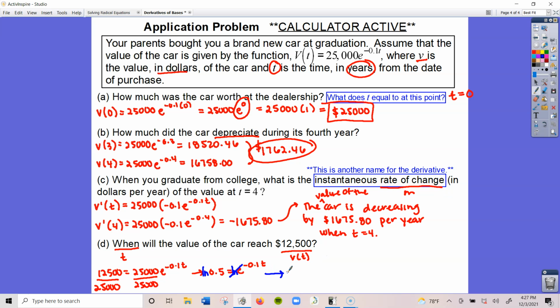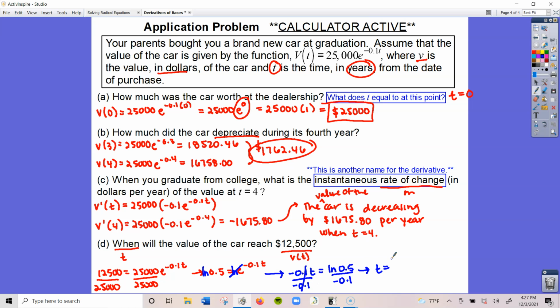Remember when we've done that in our previous lesson, ln and e are inverse functions and therefore cancel each other out. And when they cancel, you would be left with the exponent, which is no longer an exponent. So negative 0.1t is going to equal the ln of 0.5. Now I'm going to divide by negative 0.1. And that's going to be my value of t.